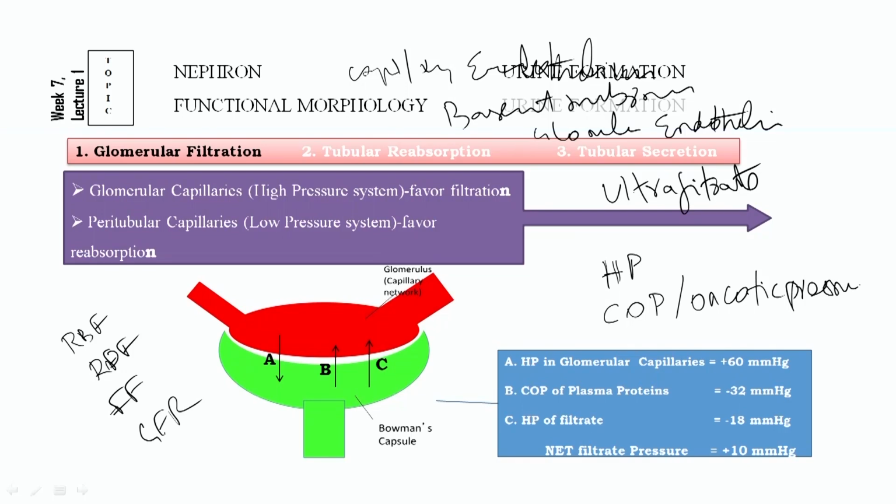The hydrostatic pressure is exerted to move water from inside to outside, whereas the colloidal osmotic pressure or oncotic pressure tries to pull the water inside. So one is pushing the water and the other is pulling or retaining the water. That is the main difference between hydrostatic pressure and colloidal osmotic or oncotic pressure.